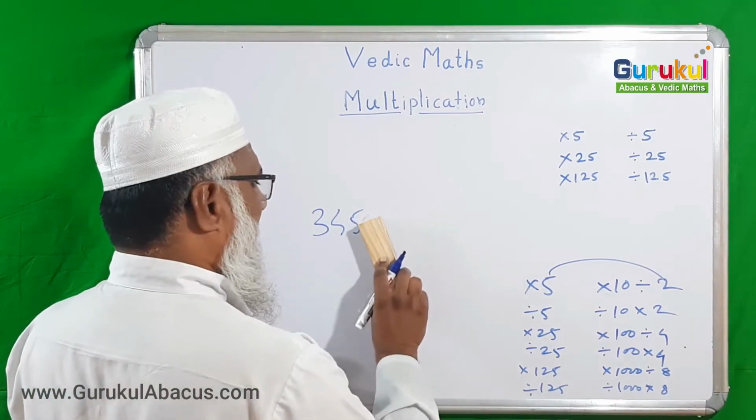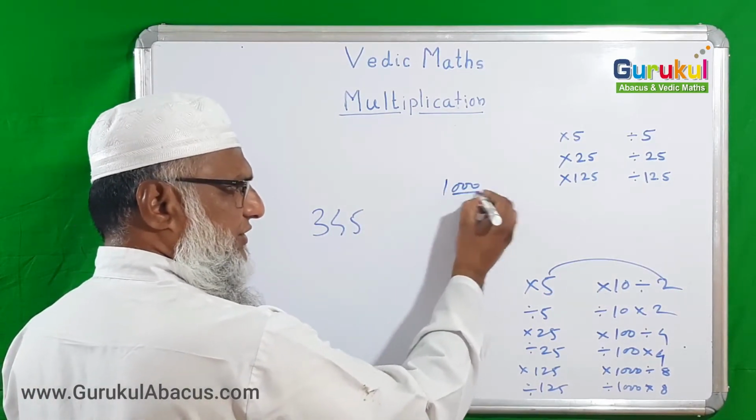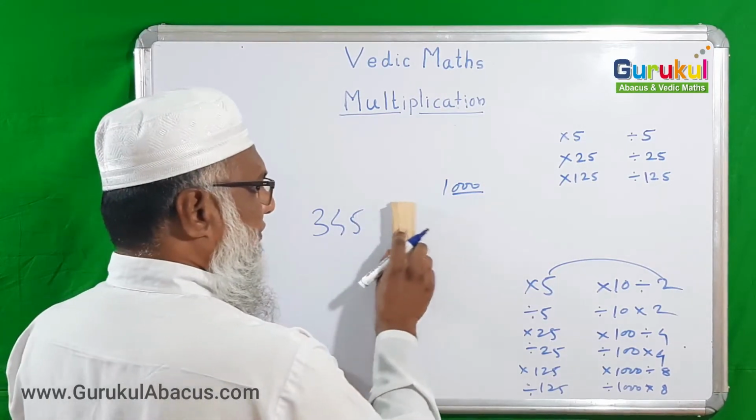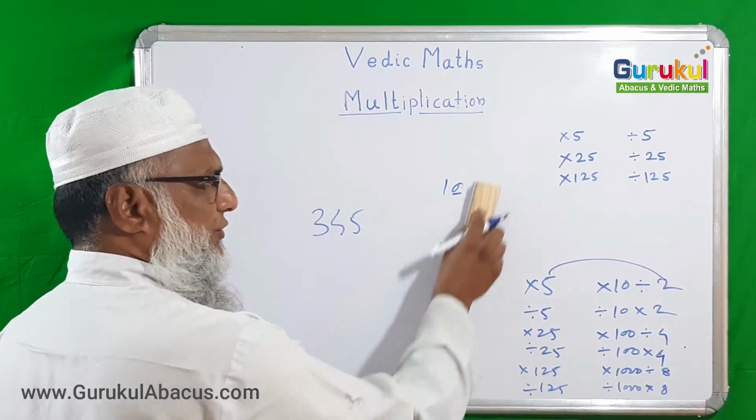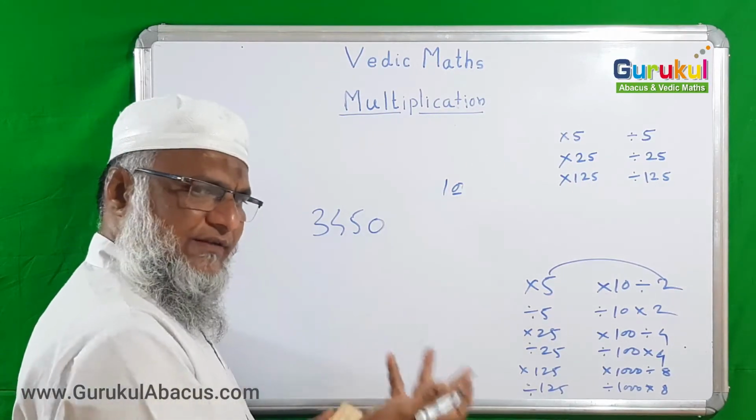Suppose you are multiplying this number by 1000, 1000 has three zeros, so add three zeros to it, that's it. Suppose you are multiplying by 10, 10 has one zero, so add just one zero to it, and your answer is ready.